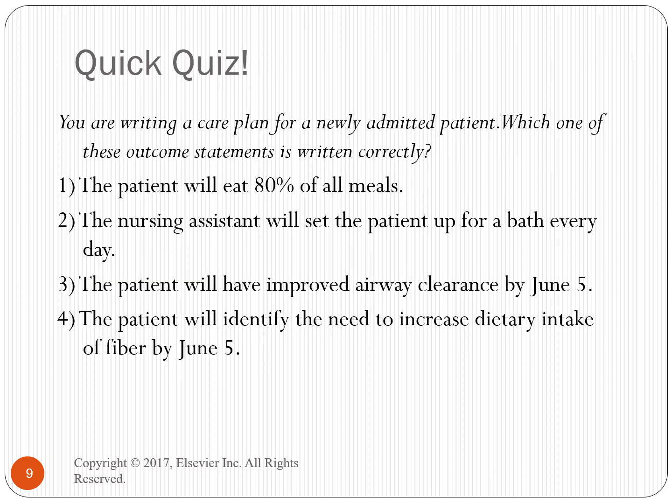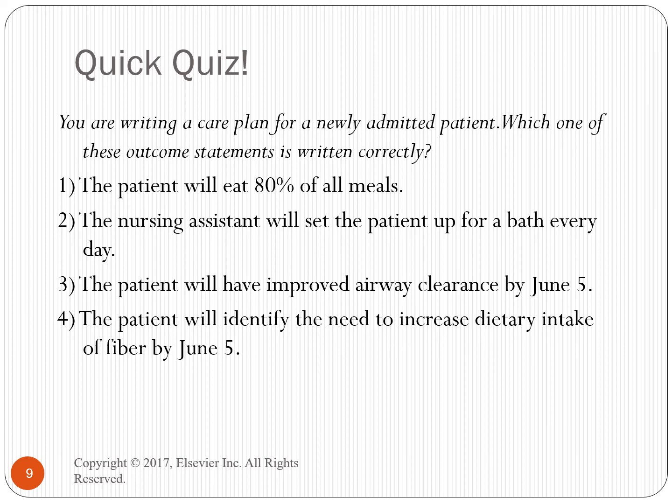Okay, so you're writing a care plan for a newly admitted patient. Which one of these outcome statements is written correctly? It's number 4. The patient will identify the need to increase dietary intake of fiber by June 5th.